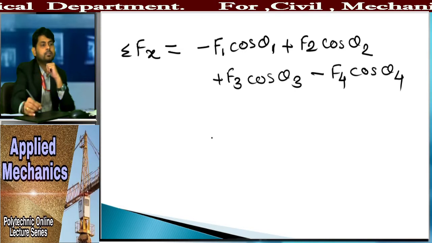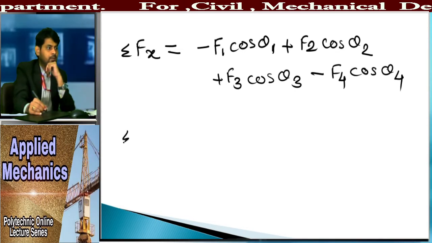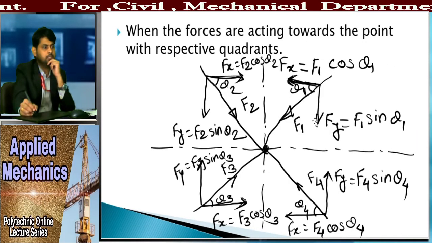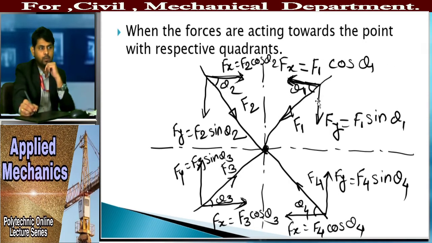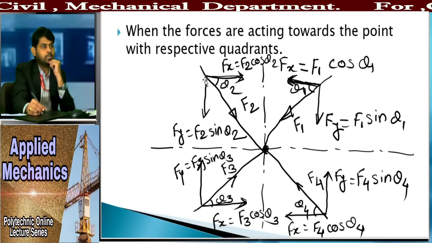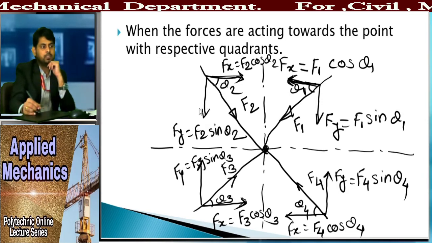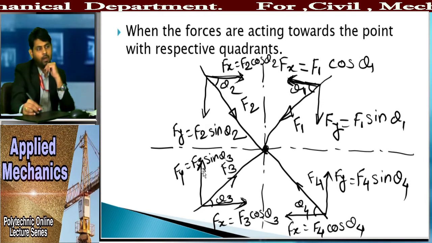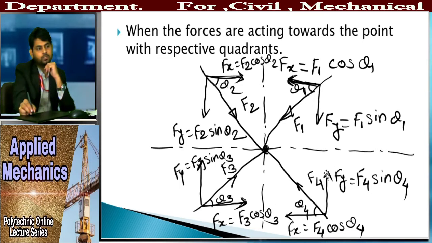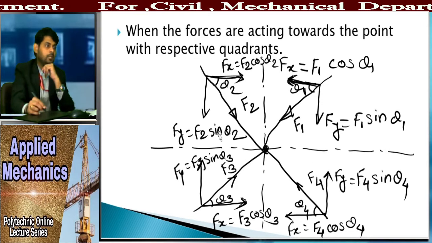So like this we can resolve the forces horizontally, and vertically we can resolve like this. See here, this goes towards the downward, so it is a minus. Again this second force also goes downward, so it will again be minus. This goes upward, so it is positive, and this also goes upward. So 3 and 4 are positive and 1 and 2 are negative.